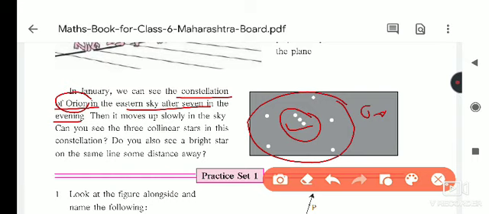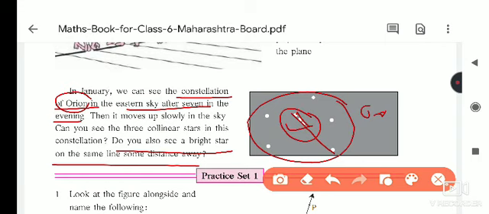Then do you also see the bright star on the same line, at the same distance away? If you join these 3 stars, there is a star a little bit far away from these 3 points, and they are in a straight line. Yes, this bright star is on the same line.